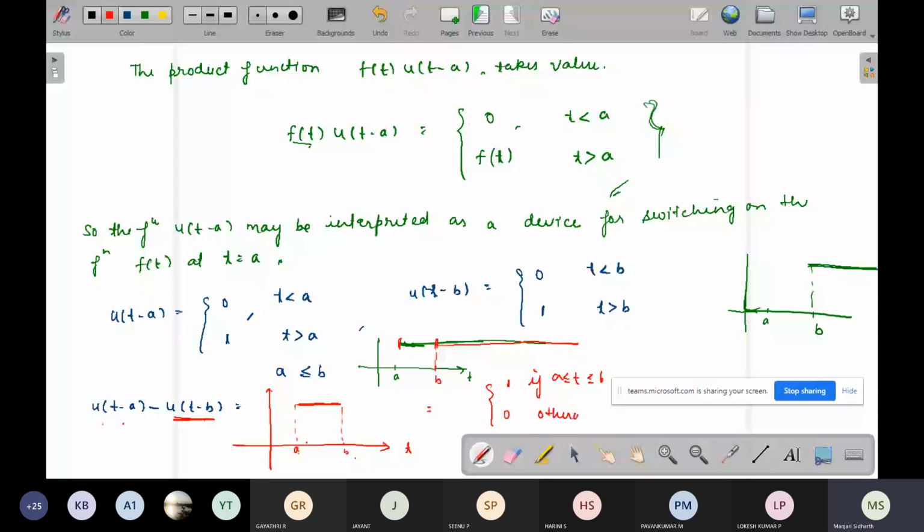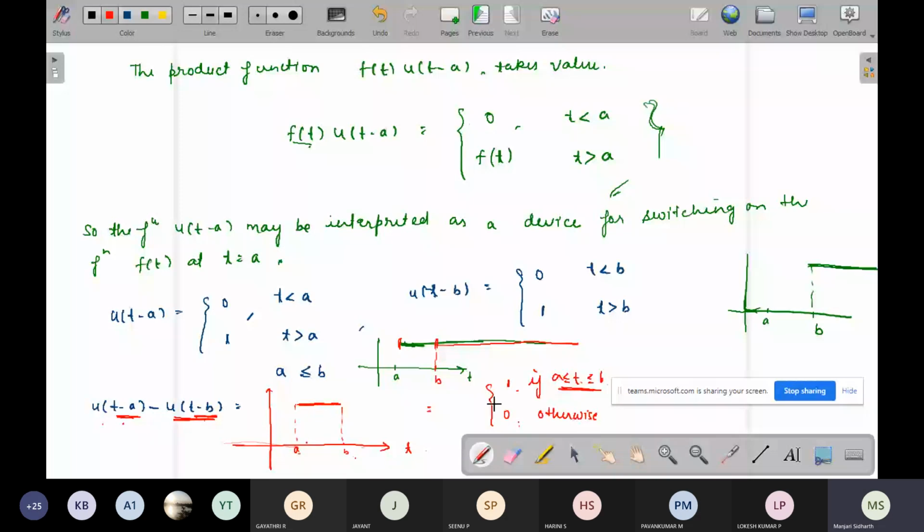So this is the subtraction of two Heaviside functions, 1 or 0. Means if it is t minus a and t minus b, two values are given, then if t lies between a and b, its value will be 1, and for any other value of t, it will be 0. See here, it is 0, here, here, here, everywhere it is 0. Only when t is lying between a to b, its value is 1. So that you need to remember.